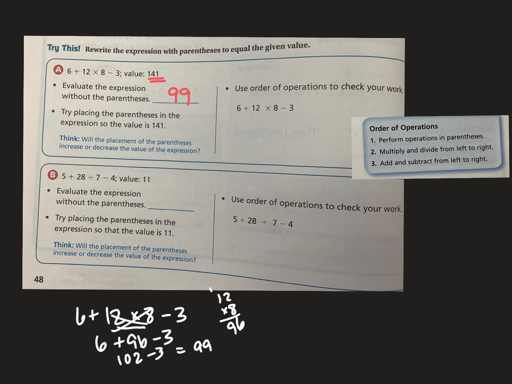Now the puzzle they're giving us is try placing parentheses in there so that your expression is in fact 141. Well, I know that this happened first when I did it down here, and multiply is where I'm getting the biggest numbers, right? What if I had this addition go first?